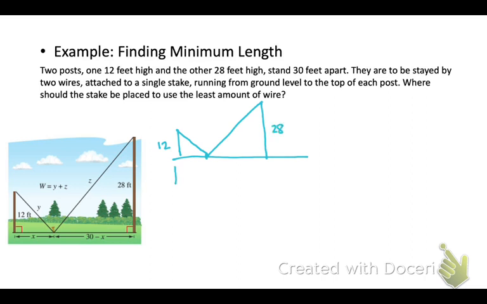The whole thing is 30. So if I make the little one x, that means the big one is 30 minus x. And then if I name this y and this z, I've got right triangles, correct?